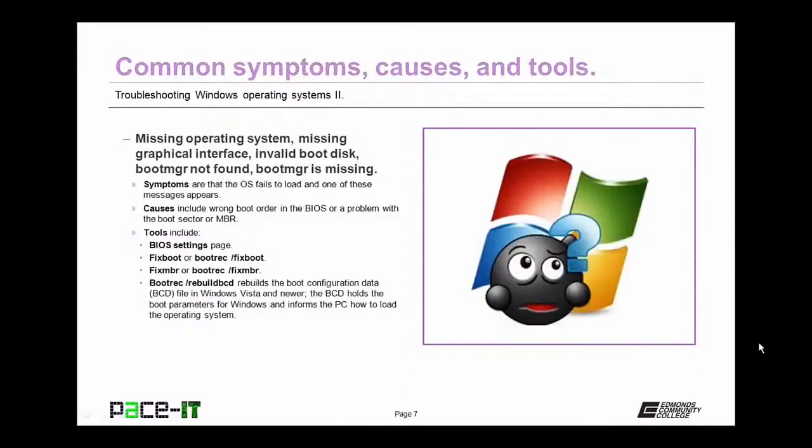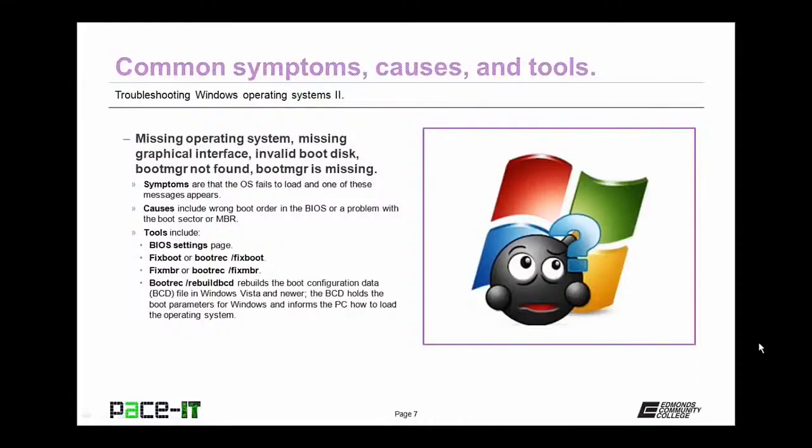Now your PC may fail to boot and you'll get a missing operating system message, a missing graphical interface, invalid boot disk, BOOTMGR not found, BOOTMGR is missing. Any of those messages all kind of point towards the same thing. All of these involve the fact that your graphical user interface isn't loading.